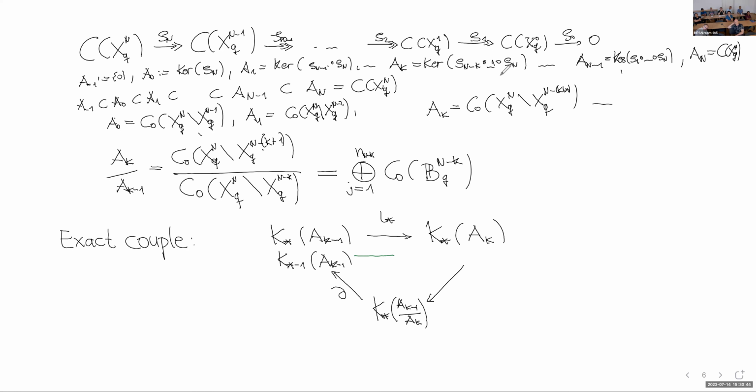So that goes again to K, now it's one less. So we can go with the quotient map. We go something less.